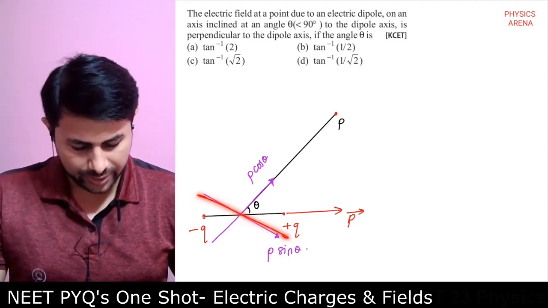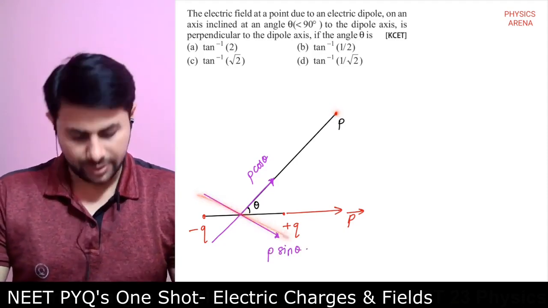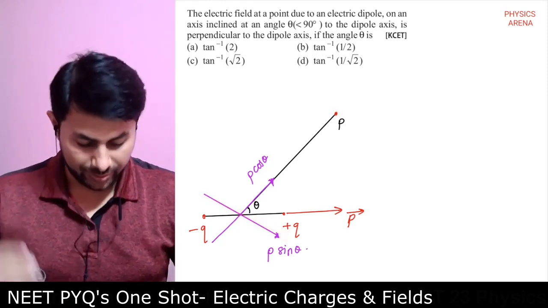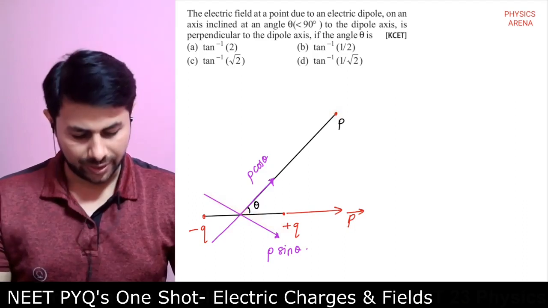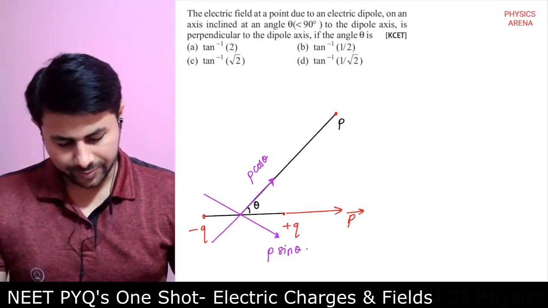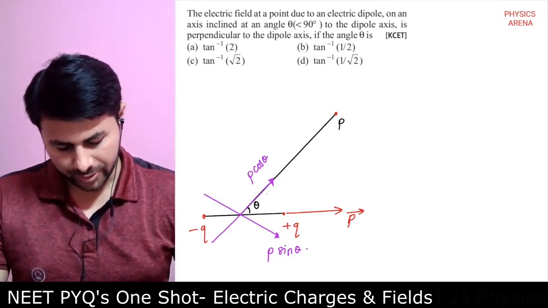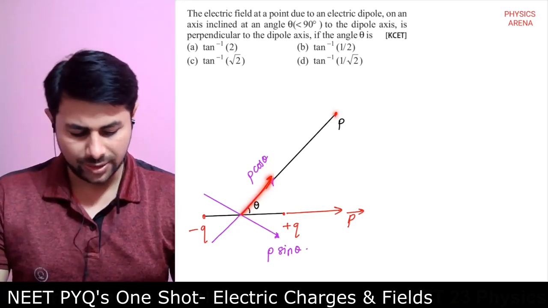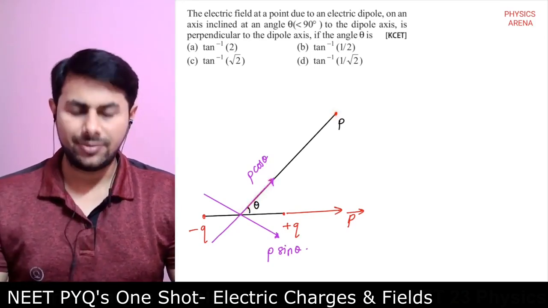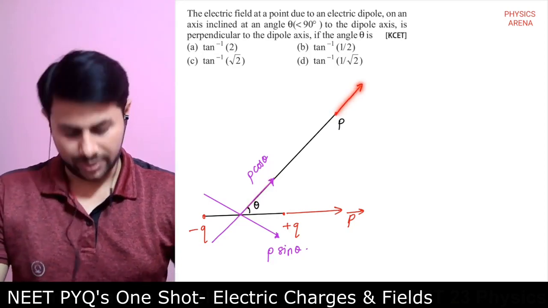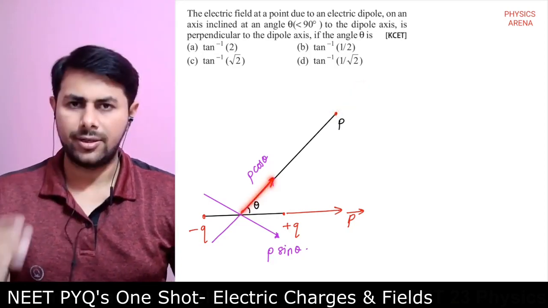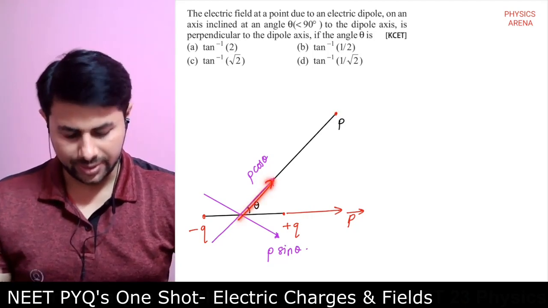For this component, the electric field at this point is, sorry, for this component, this point is equatorial. Okay, so we can say that there would be some electric field due to this component at this point. What will be its direction? It is directed like this only. So this dipole moment is directed like this.